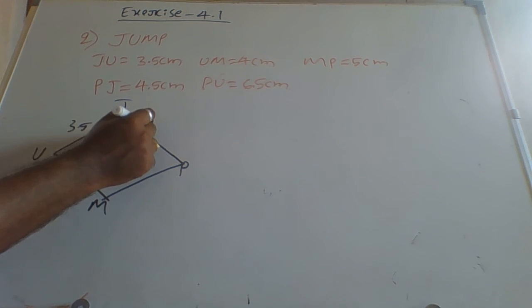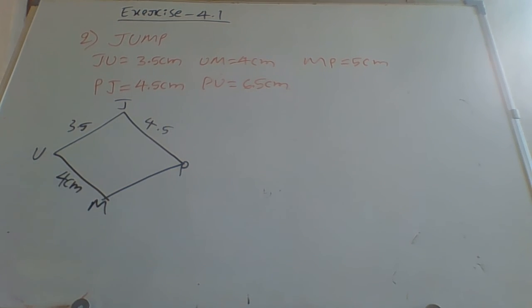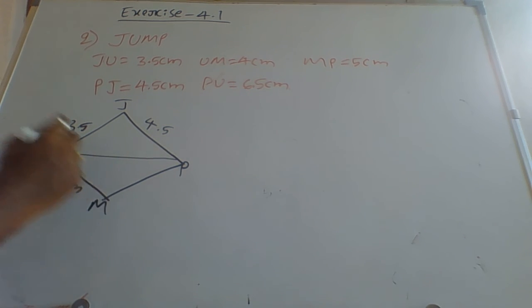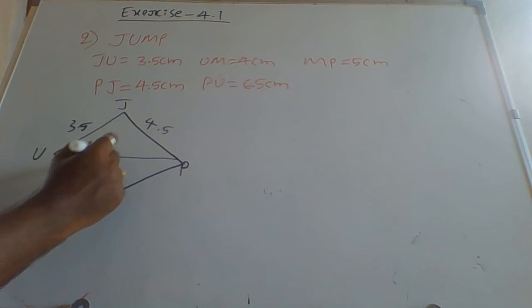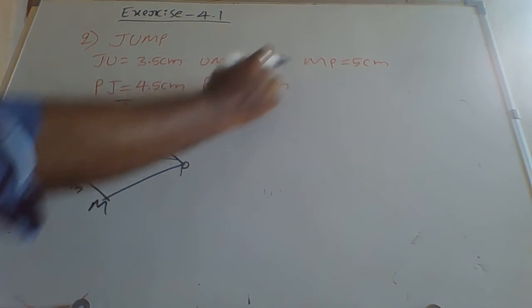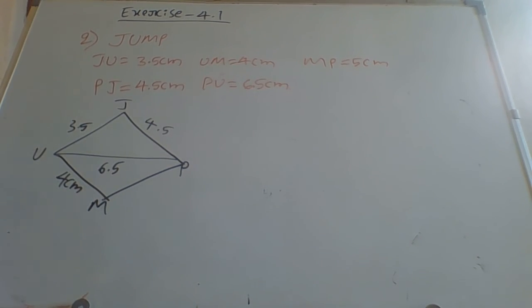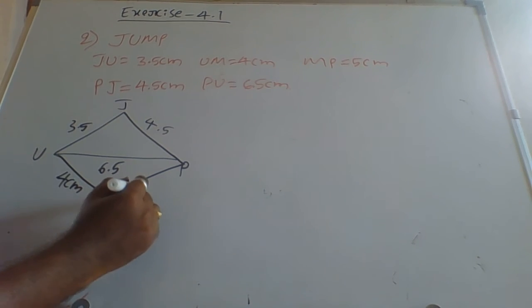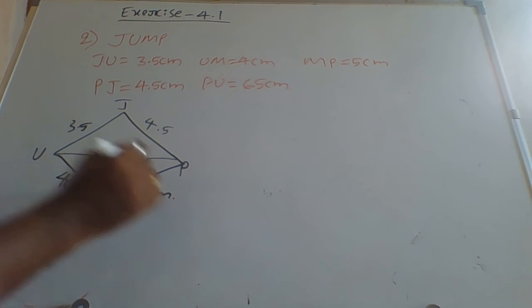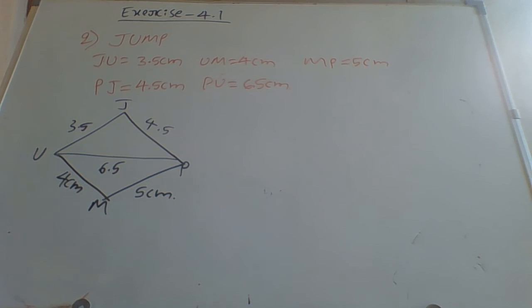PJ is 4.5 centimeters and PU is 6.5 centimeters, and MP I have not considered yet. This MP is 5 centimeters. So by using all these values, we can easily construct this quadrilateral JUMP.